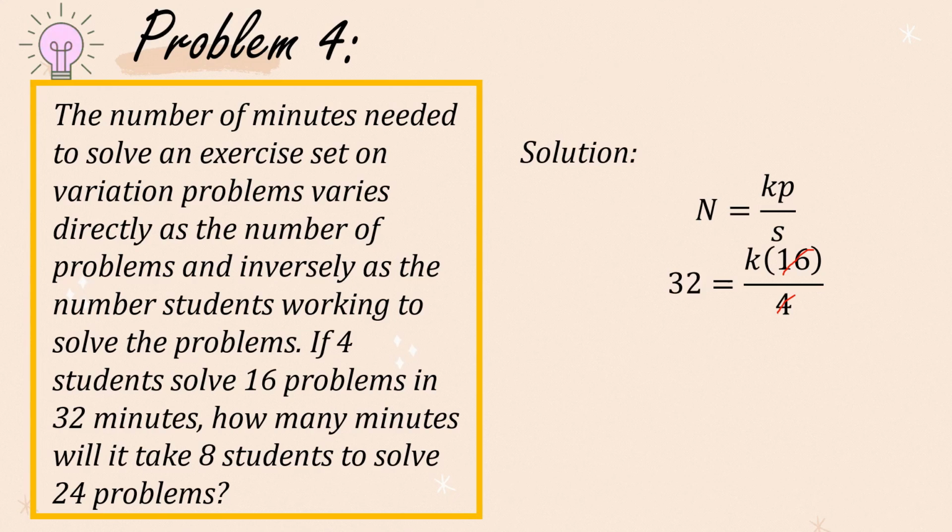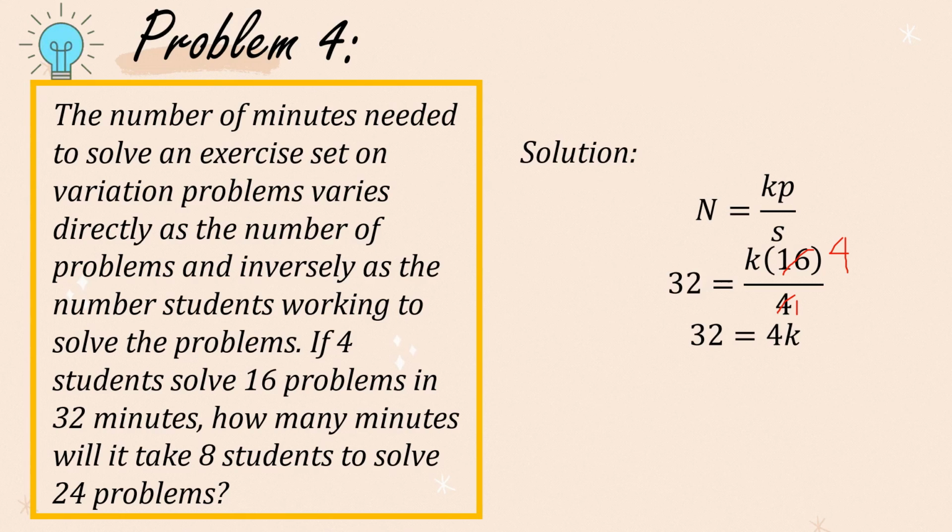4 divided by 4, the answer is 1. And 16 divided by 4, the answer is 4. So, bali, ang natira na lang, 32 equals K times 4. So, what is K times 4? The answer is, very good, 4K. Now, anong kailangan nating gawin para ang K na lang ang matira?